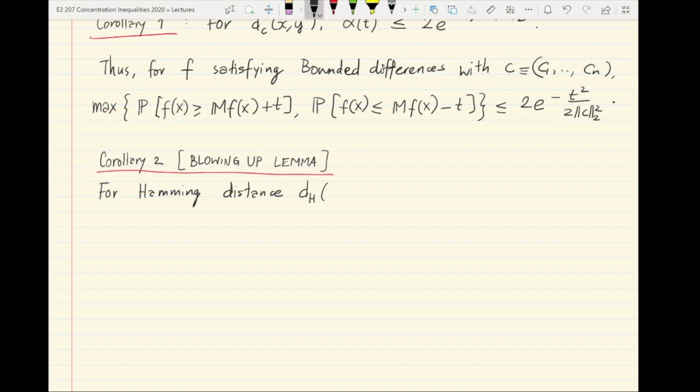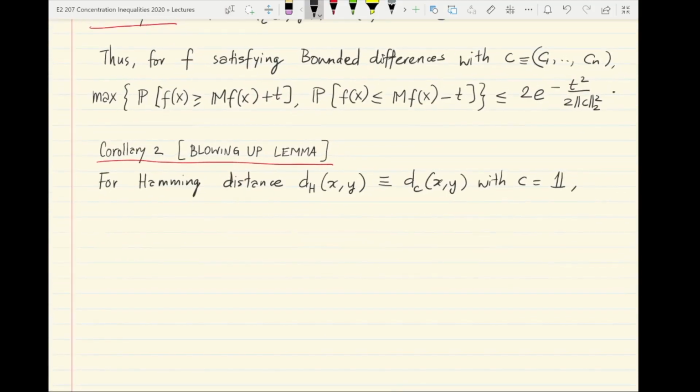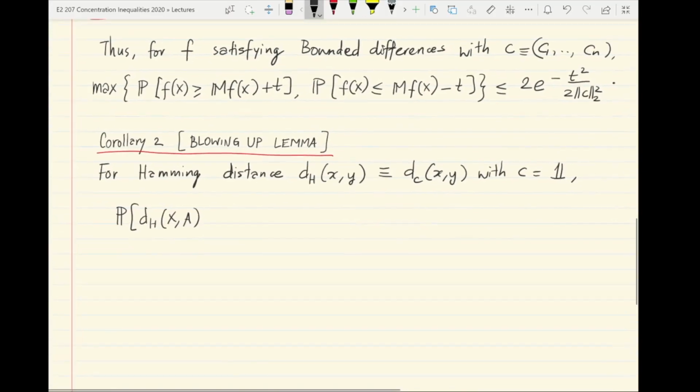dH(x,y), which is just Tc(x,y) with c equal to all ones, we have that the probability of dH(x,A) exceeding nt.